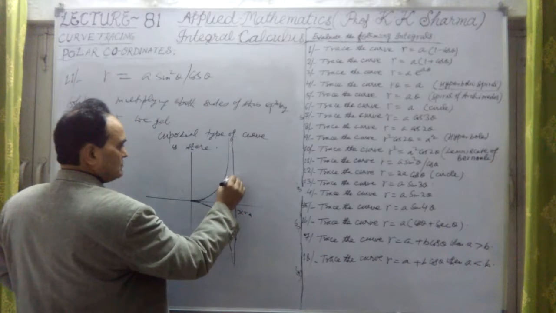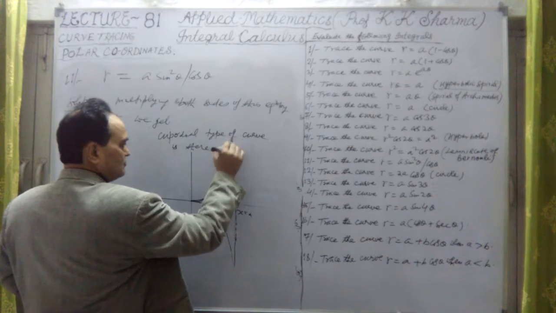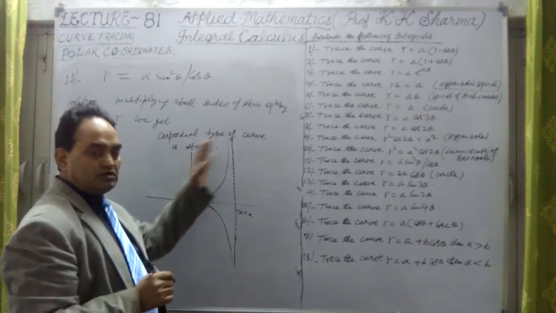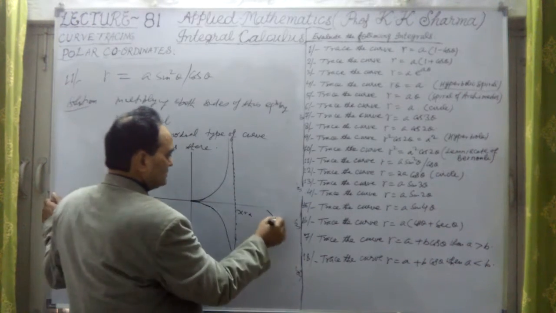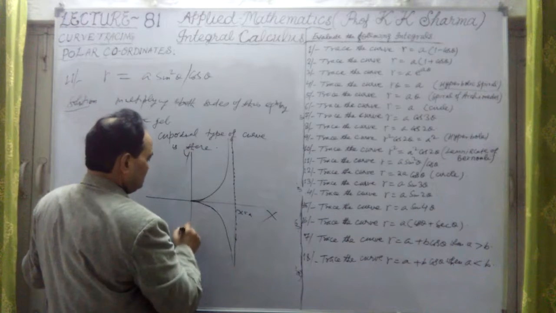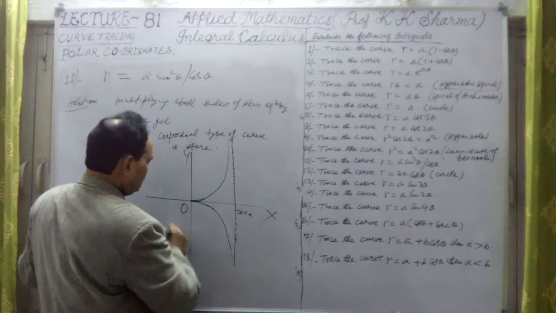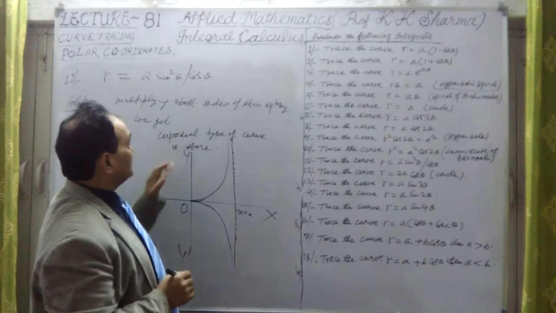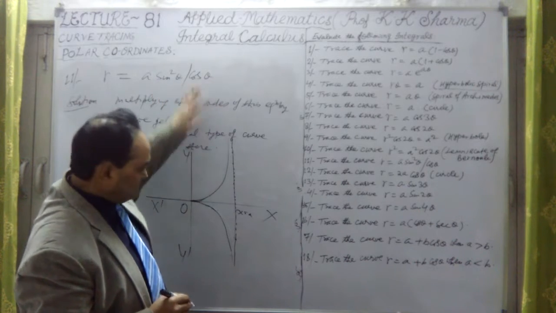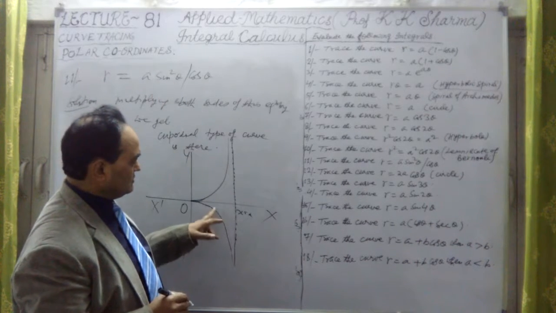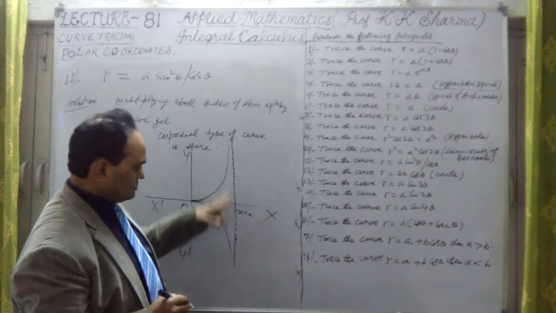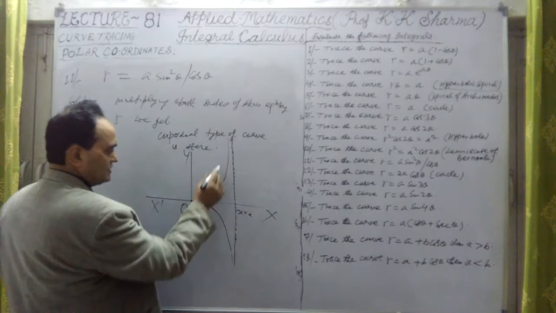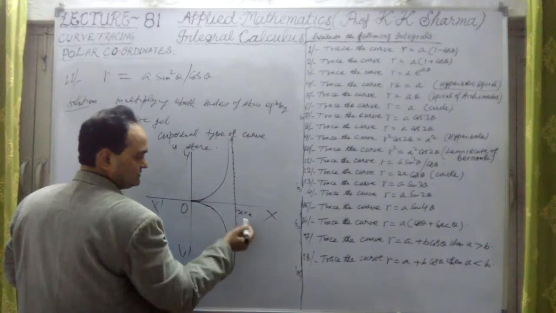This is a dotted line, because y tends to infinity. This is the x-axis, this is the y-axis, with O the origin, y dash and x dash. So I converted that into Cartesian coordinates and then drew it. Tracing the curve, this kind of curve will be obtained. This is a cusp type of curve, and x equal to a is the asymptote.